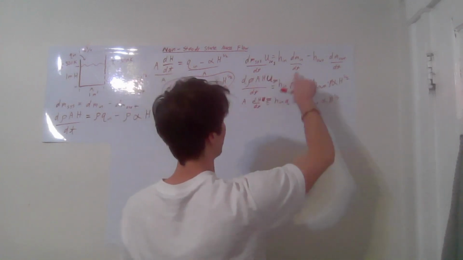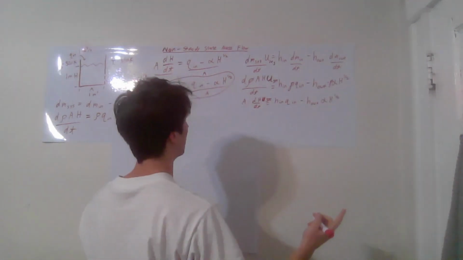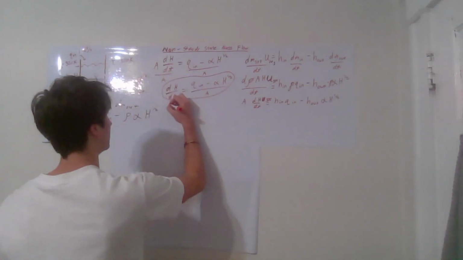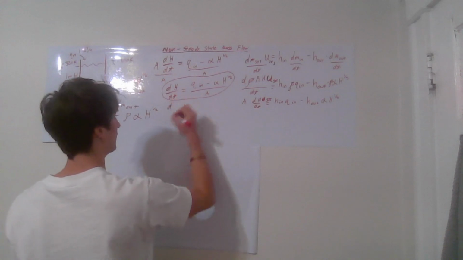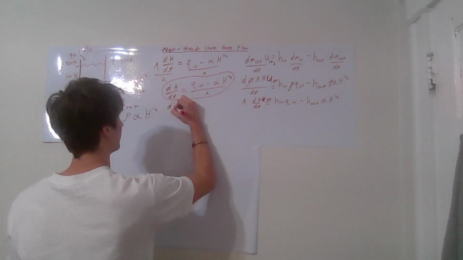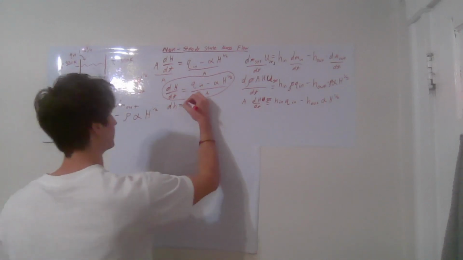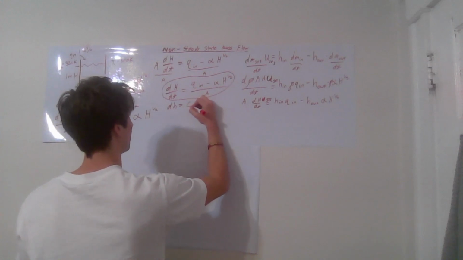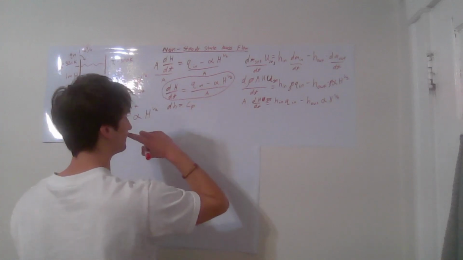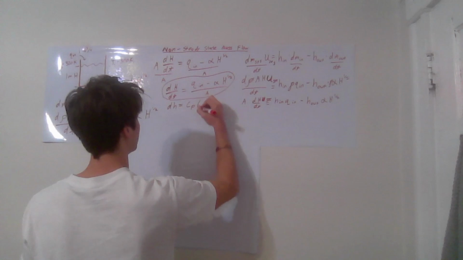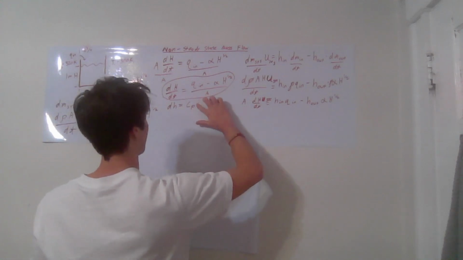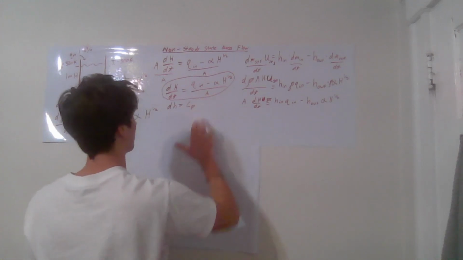So we look a little stuck, but what we need to do is we need to say that the change in our enthalpy is going to be equal to the specific heat times our change in time.